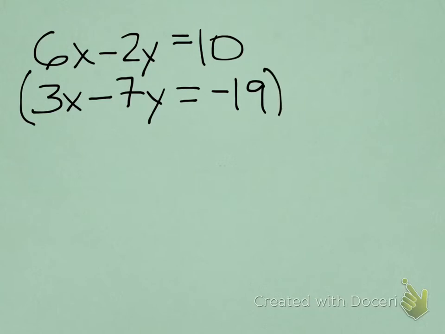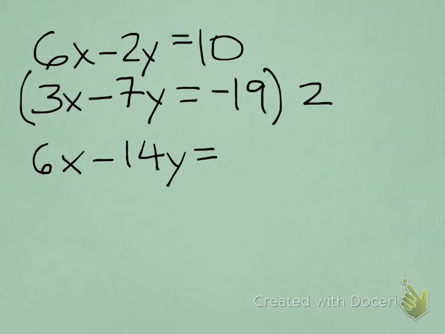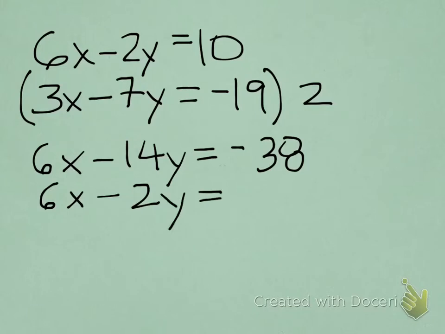So that means I need to multiply the second equation by 2. So that gives me 6x minus 14y equals negative 38. And I'm going to use that equation and the first one, which I'll rewrite, to solve. Now I have two terms that are the same, so I can subtract to solve.